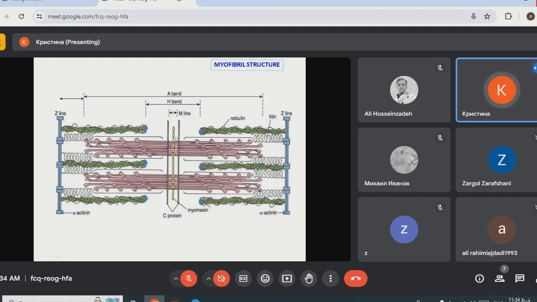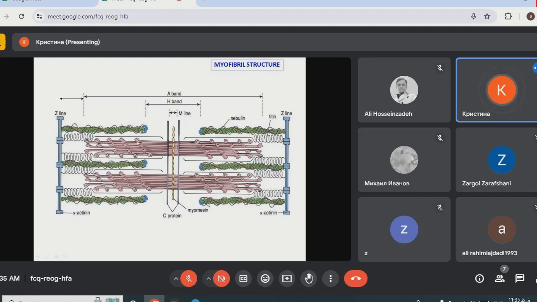So this is the M line which attaches thick myofilaments together. It includes C proteins here and M proteins or myomesin proteins. These are attachment proteins to attach the thick myofilaments to the M line and to bind them together.